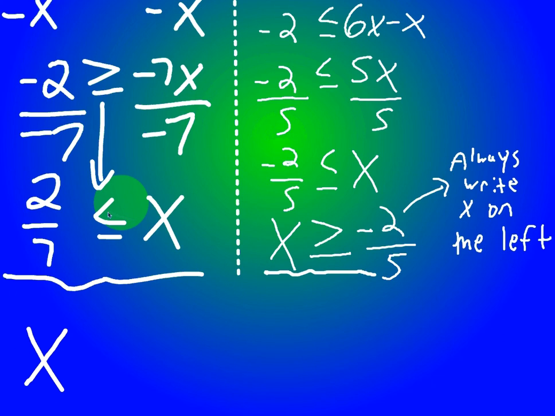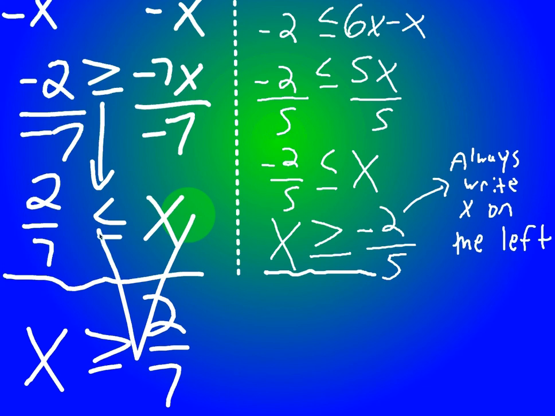Technically this is x is greater than or equal to 2/7, because it's opening towards the x. You would just make sure it's pointing in the same way, towards the x. You're more or less just flipping the entire thing. These two mean the same thing. This one reads 2/7 is less than or equal to x. It's the same thing as x is greater than or equal to 2/7.